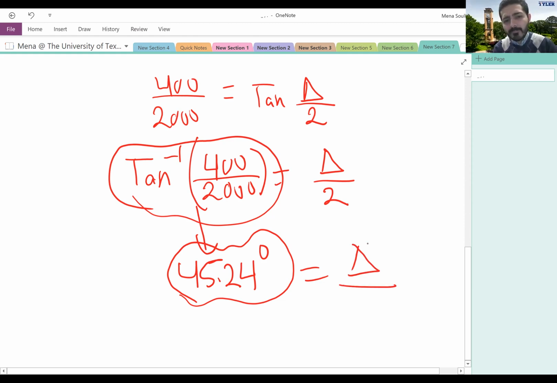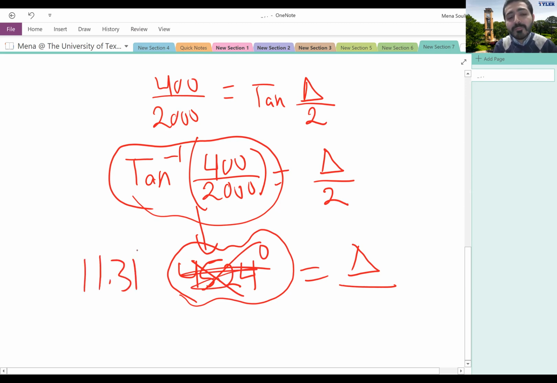No, actually, I'll take that back. If you do the tangent inverse, can someone check that from your side, please? I got 11.31. Yes. Me too. Good, so it's actually 11.31.